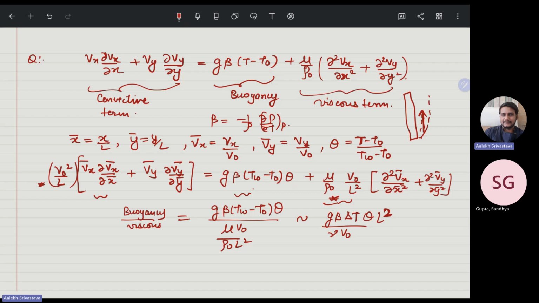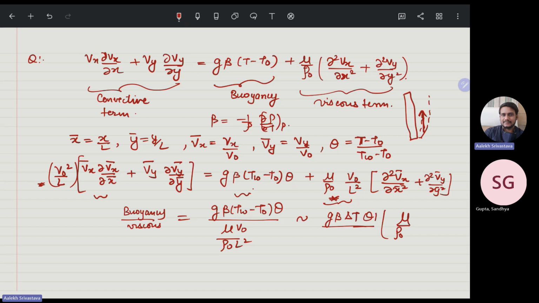Let's make it in a different way. So this is your right hand side: mu by rho 0 into L square.